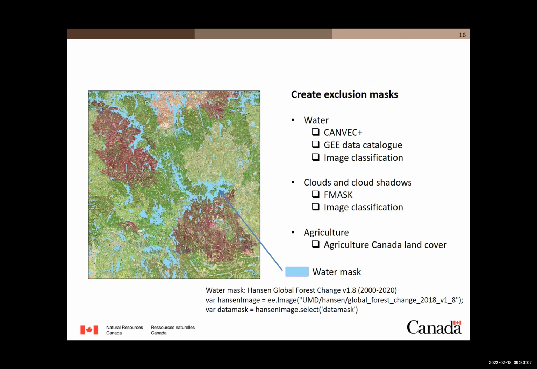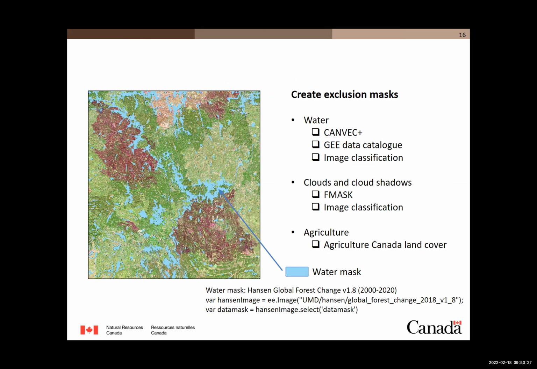The next thing we want to do in this mapping procedure is create exclusion masks. And really this means removing areas from the image that could mistakenly be mapped as fire, or areas that we want to include in our statistical analysis of the burn pixels.